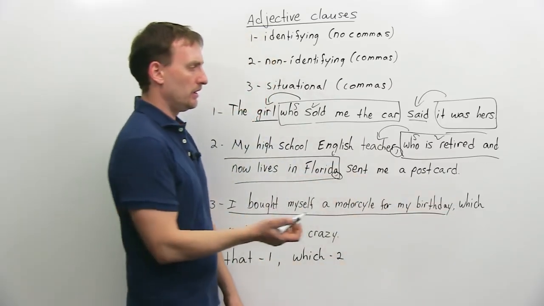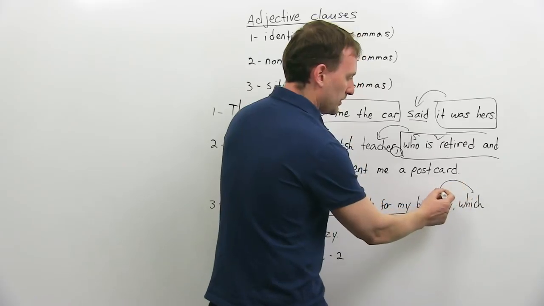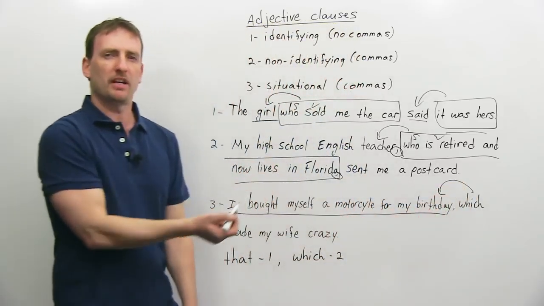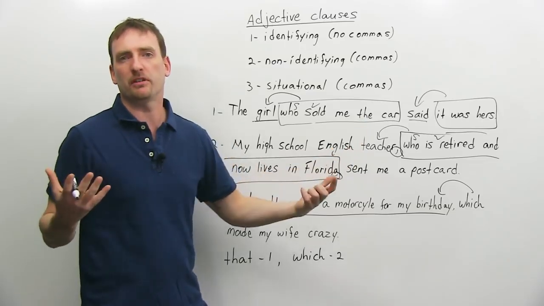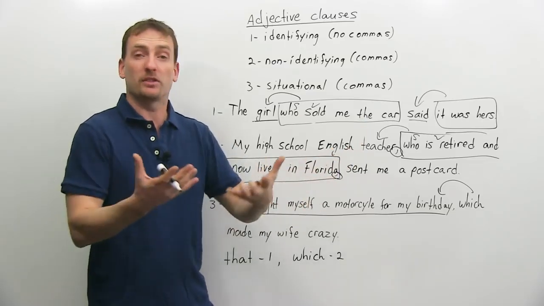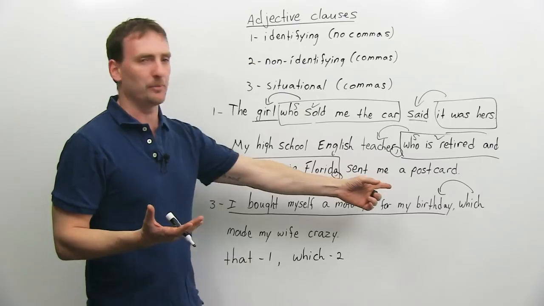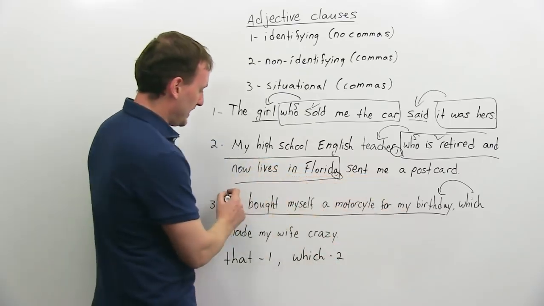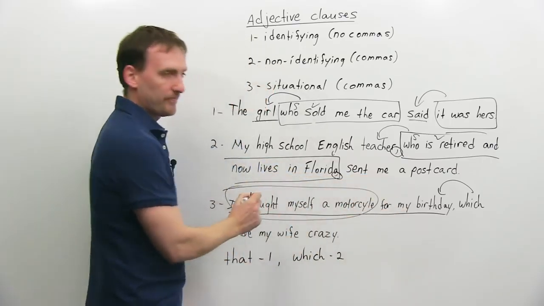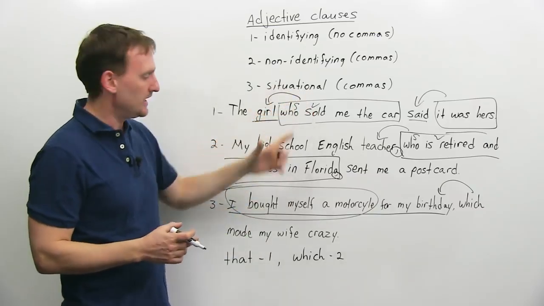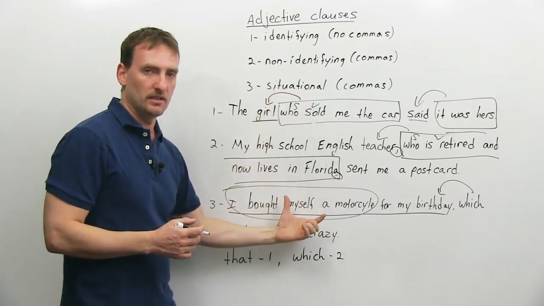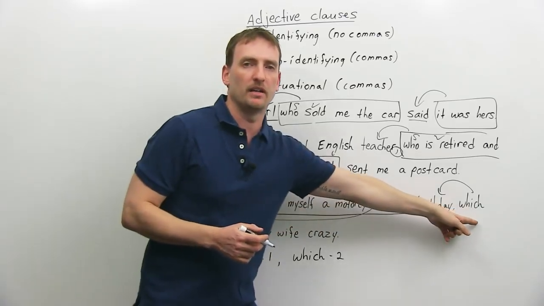Now, you're thinking, which? Are we talking about birthday? My birthday made her crazy? That doesn't make sense. She's my wife. She loves me. She loves my birthday. She wants to buy me a cake. She wants to make me a cake. But that's not what made her crazy. What made her crazy is that I bought myself a motorcycle. This situation, that's why I called it a situational, this situation is what I am describing.